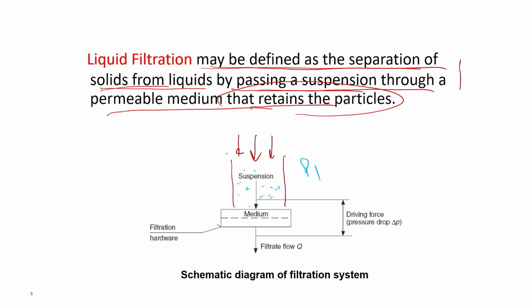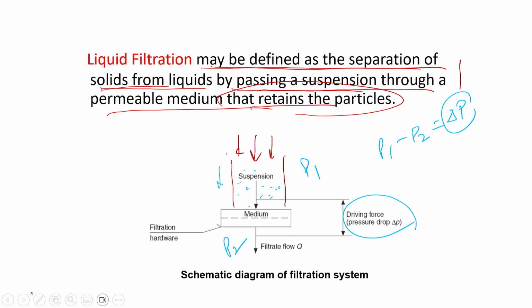P1 is the upstream side pressure, and P2 is the downstream side pressure. So, P1 minus P2 is the pressure drop, the driving force. This is the driving force which will drive the liquid through this filter medium, that may be filter fabric, nanolayer, maybe different types of membrane.